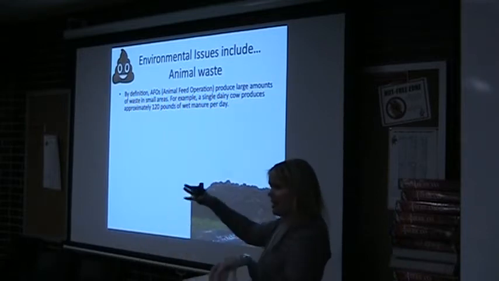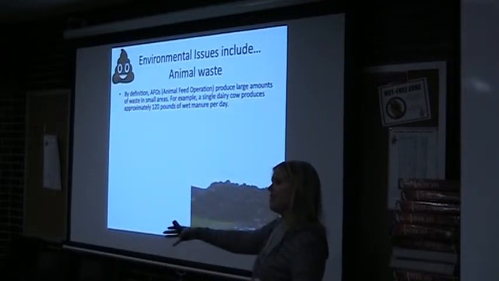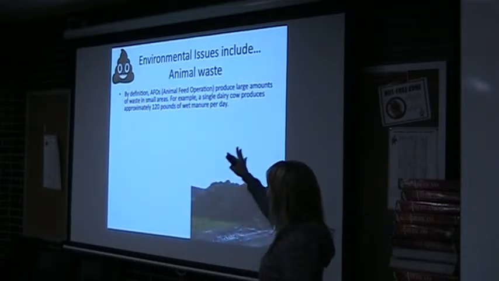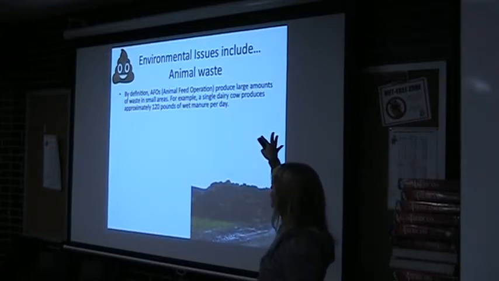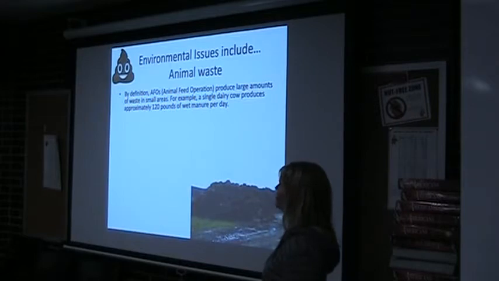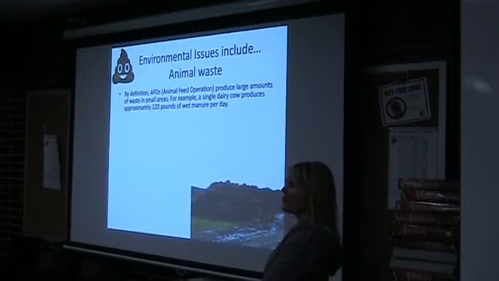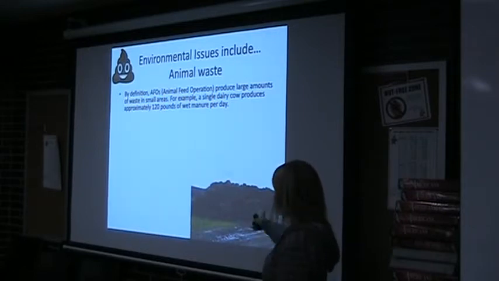So when you have a concentrated number of animals in a feedlot, they produce a large amount of waste. A single dairy cow produces 120 pounds of poop. Yes, you can use it as fertilizer, but if you have so many cows, you don't need that much fertilizer. So what are you going to do with the mountains of poop?